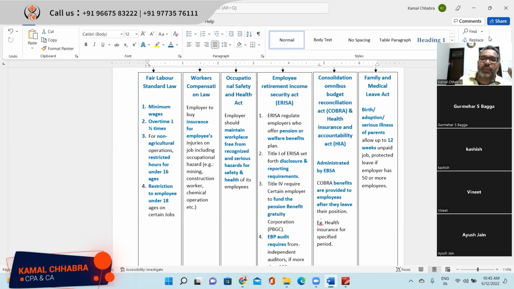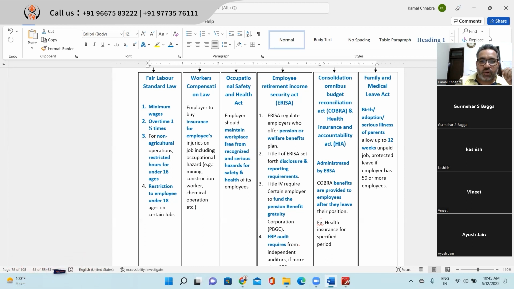Next one is Workers Compensation Law. Workers Compensation Law enforces the employer to buy insurance for the employee's injury on the job, including occupational hazards. It enforces the companies to buy insurance for their employees for their injuries, or if they are working in any hazardous environment, right?